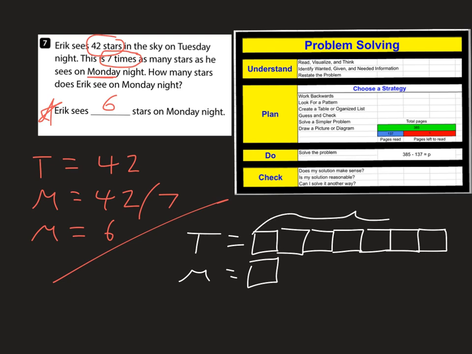So our total is 42, and we're taking 42 and dividing that into 7 equal groups. 42 divided by 7 is 6. So this would be 1, 2, 3, 4, 5, 6, 7, and that is 7 times more than Monday night. So 6 stars on Monday night.